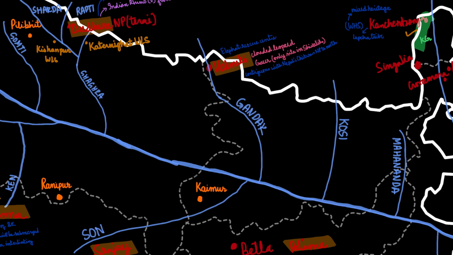It is the only site in Shivalik which houses gaurs. It is located on the Gandak River. The other tiger reserve in Bihar is Kaimur. So there's just one national park, which is Valmiki National Park, which lies near the Gandak River.